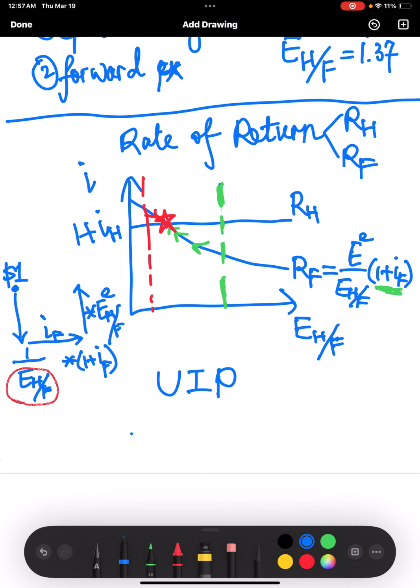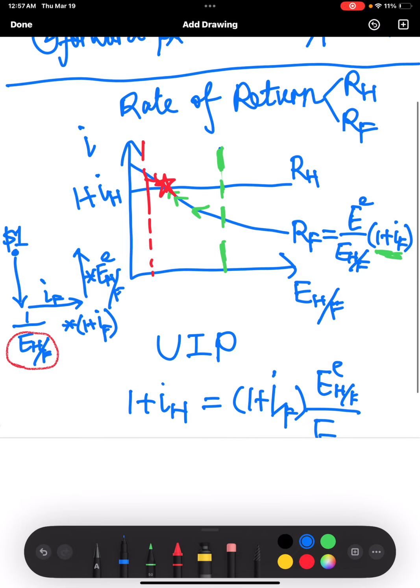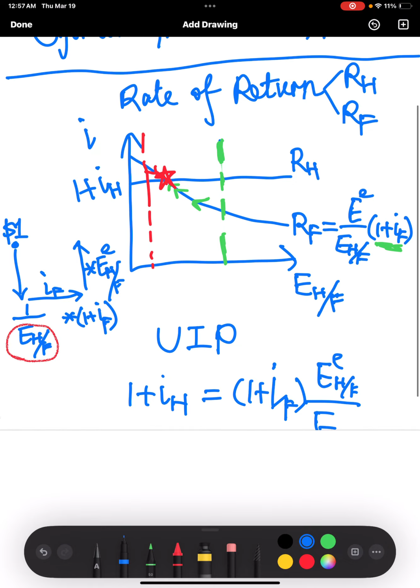We can write it out: the home rate of return equals the rate of return abroad, which is this.